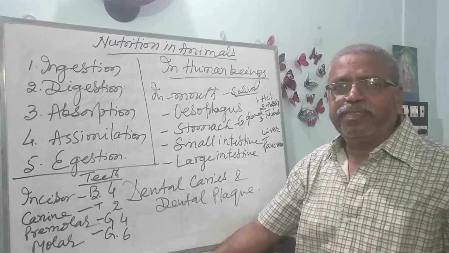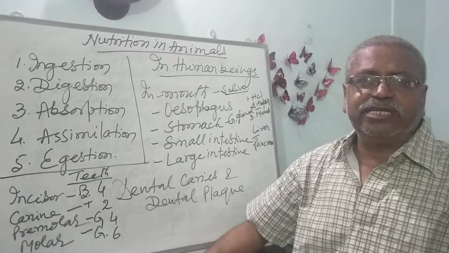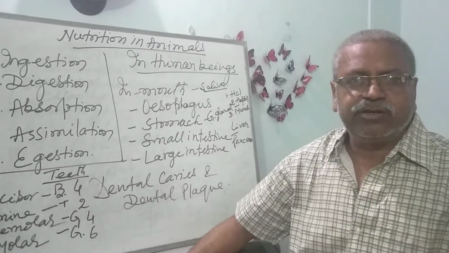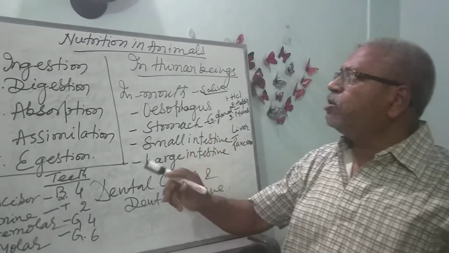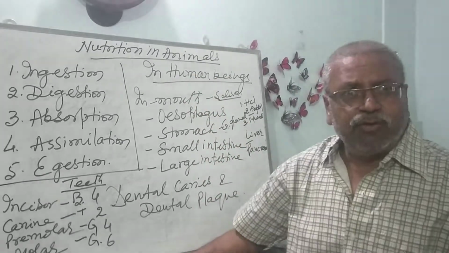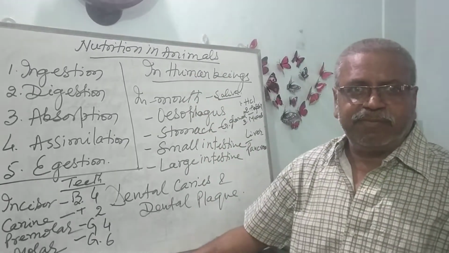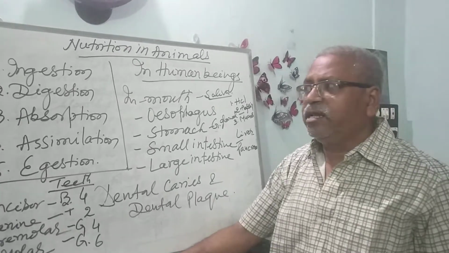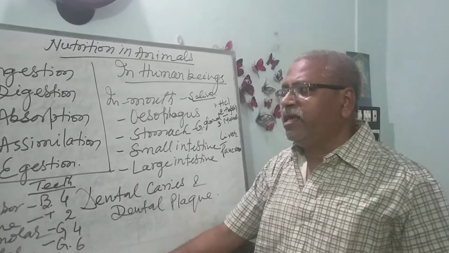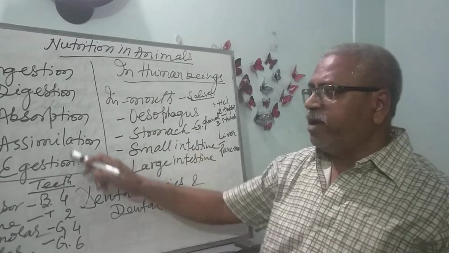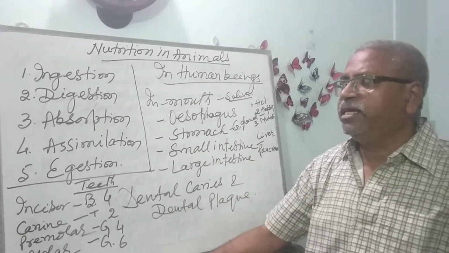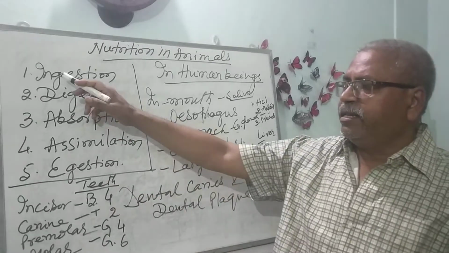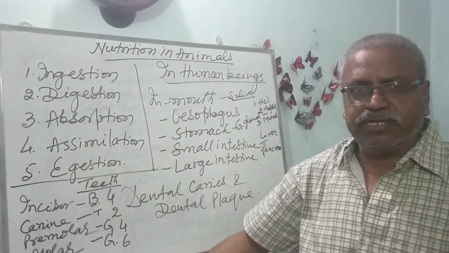As you know, the mode of nutrition in animal is heterotrophic mode of nutrition. In most of the animals, holozoic nutrition occurs, and in this nutrition, there are 5 steps. The whole process is completed in these 5 steps.